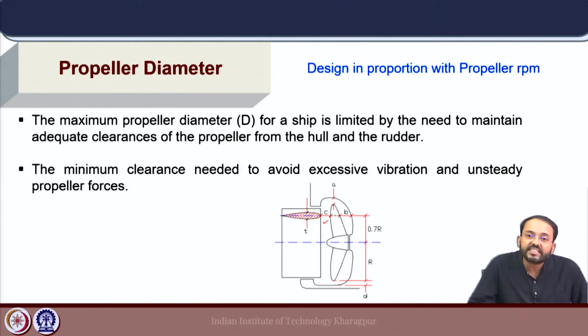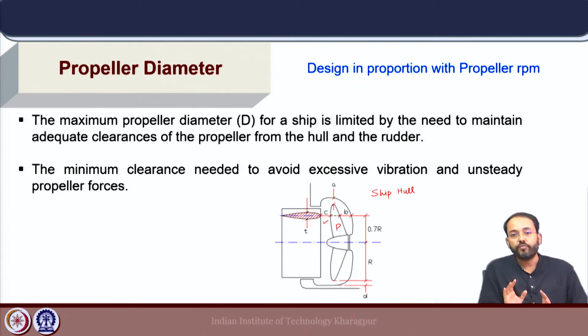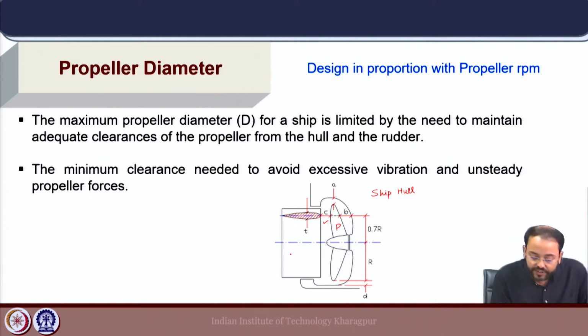Now, there are certain clearances which are defined in this particular diagram. So, we have the ship hull here, only the stern part of the ship hull is shown in this diagram, and we have the propeller blade here. Okay. We are seeing it in the profile view from the side, and we have the rudder here.